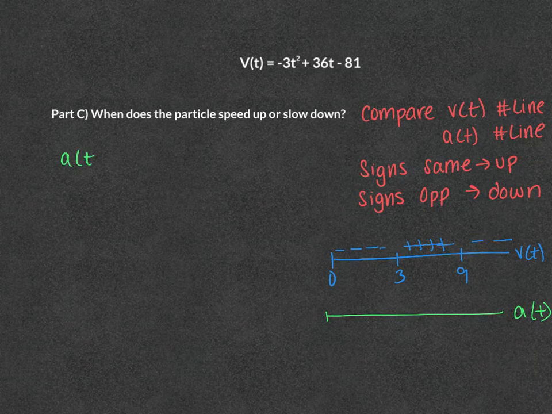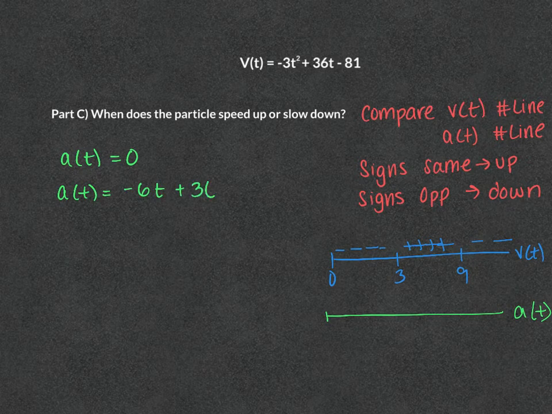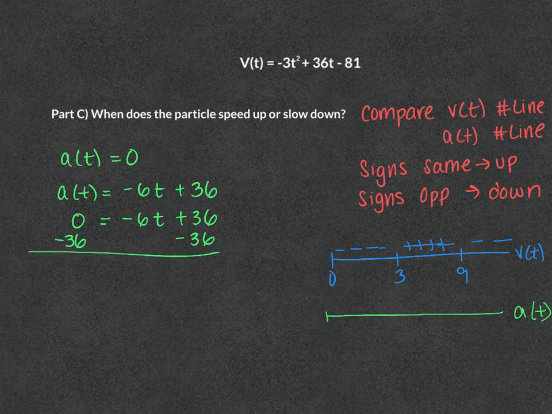So let's do a of t is equal to 0. So remember, our acceleration function from part A was equal to negative 6t plus 36. And I'm going to plug a of t is equal to 0, and I'm going to solve. So I'll subtract 36, and then I'll divide by negative 6.